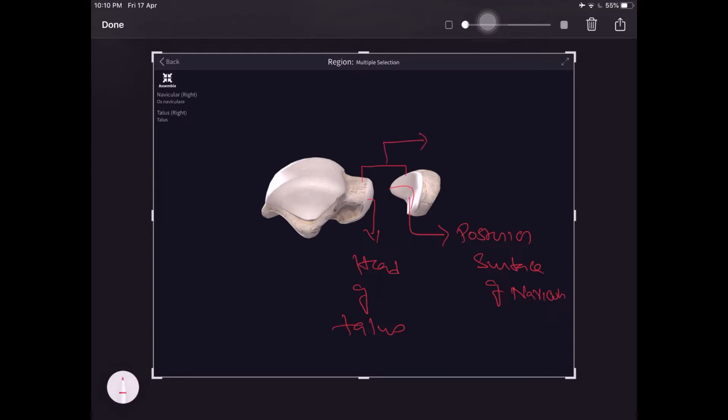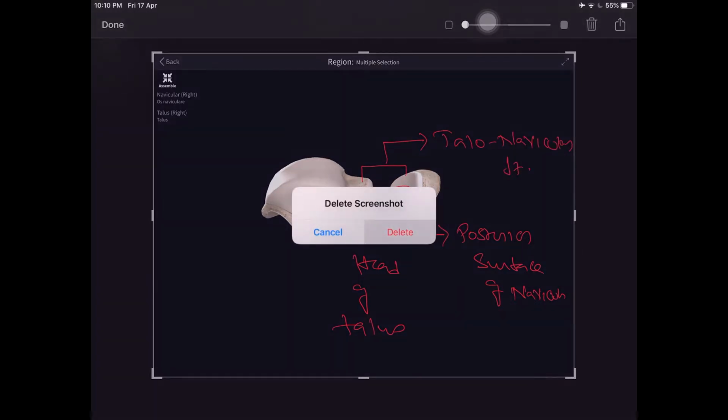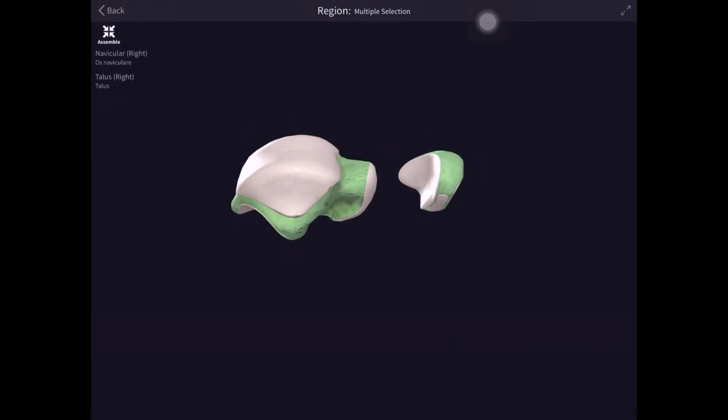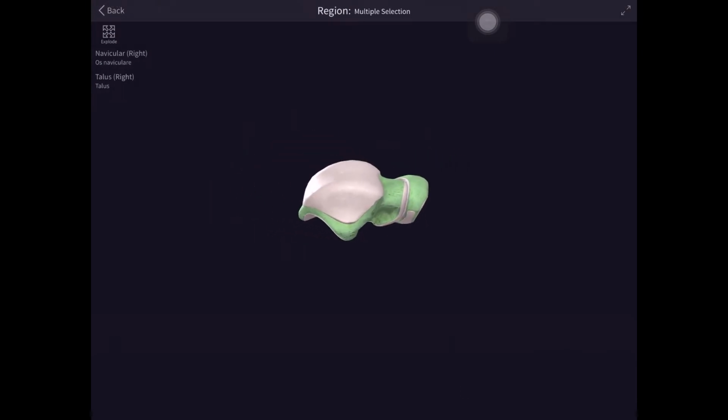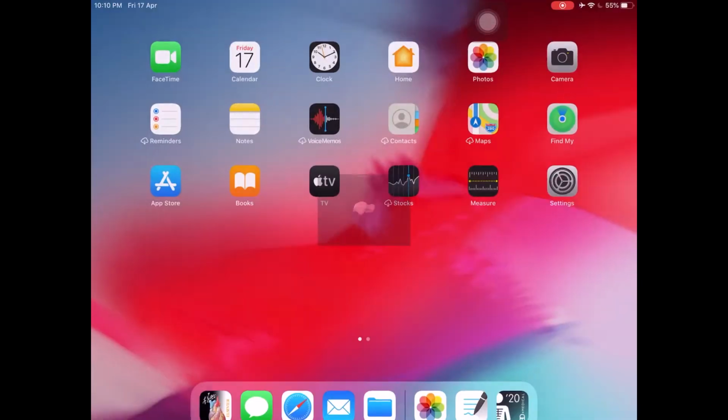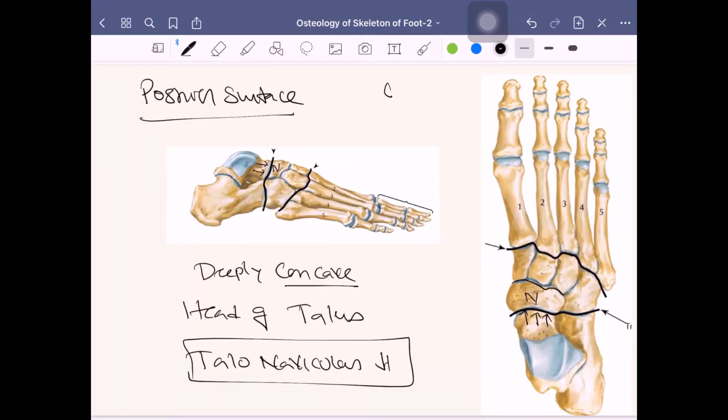When they both are put together, the joint which is formed is what we call the talonavicular joint. So it is very simple and easy. So we are done with the 2 surfaces, anterior and posterior.